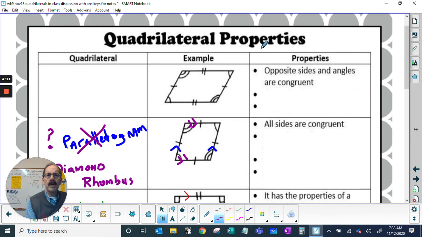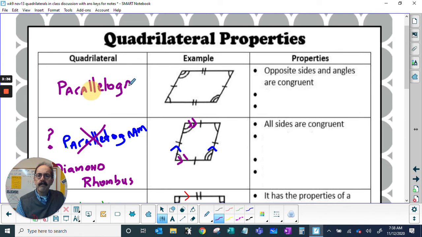Okay, so quadrilateral properties. This is a parallelogram, right? Parallelogram. So we have that side's parallel to that. That side's parallel to that. Okay, so opposite sides and angles are congruent.